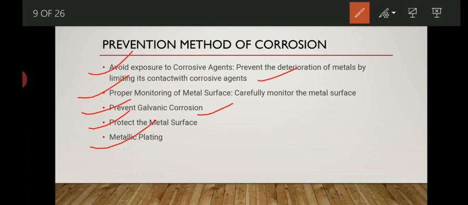So in order to prevent our metal from corrosion, we plate some other metal over the surface of the present metal. Likewise, there are many other methods by which we can prevent our metals from corrosion. Now let's discuss the prevention method of rancidity.